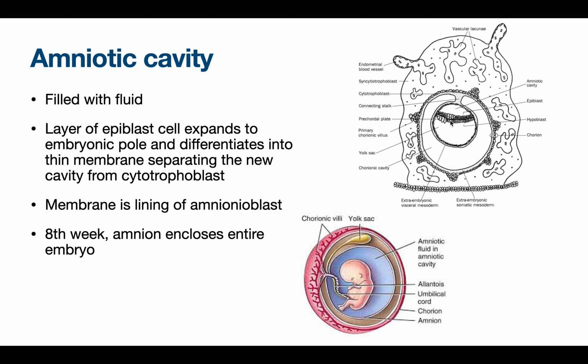Here's our connecting stalk that will eventually form the umbilical cord, and here are the vascular lacunae and the endometrial blood vessels interacting. This entire thing is the syncytiotrophoblast, and see how the cytotrophoblast is thinning out into only one layer, and then this would be the villi pushing into the syncytiotrophoblast.